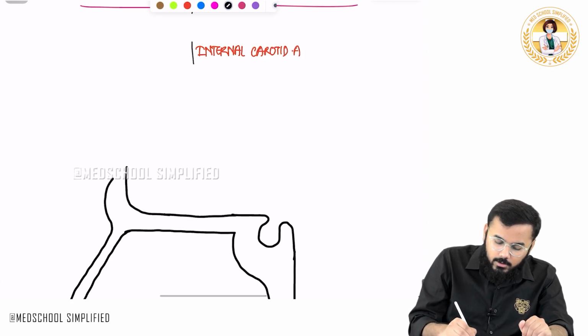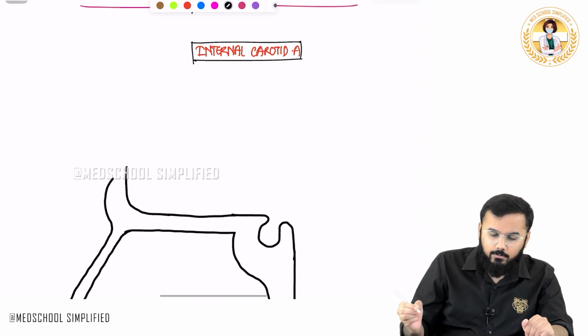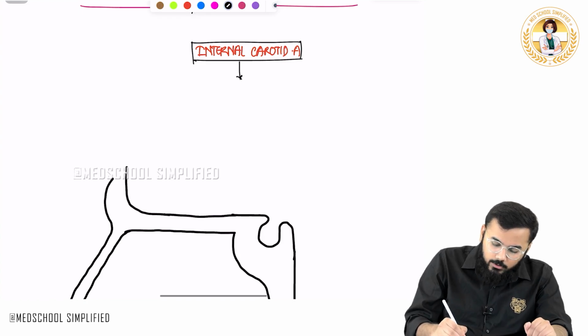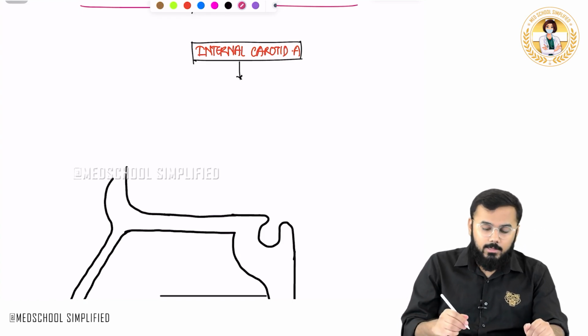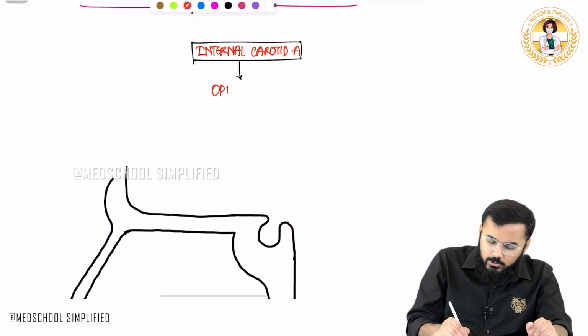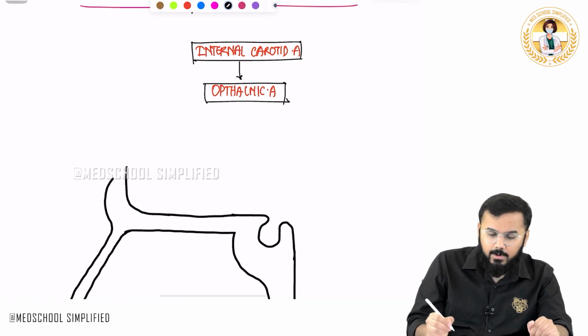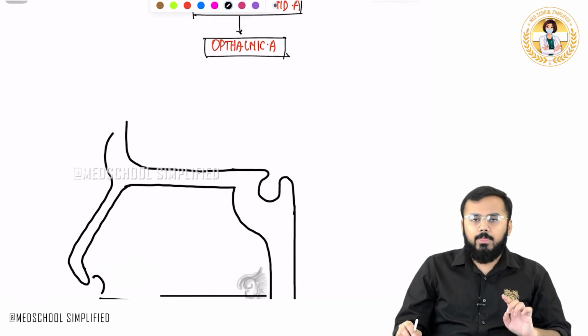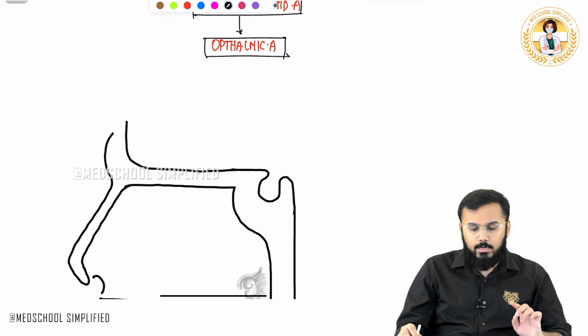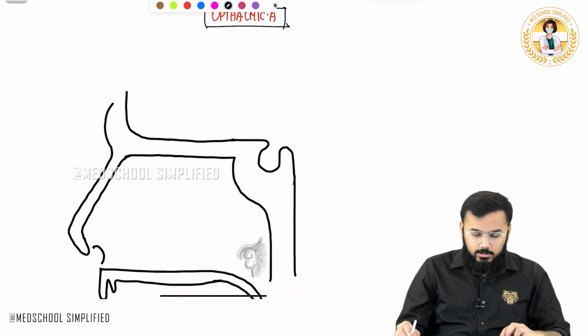Now this internal carotid artery will give you a branch. One of the branches of the internal carotid artery is the ophthalmic artery. Now this ophthalmic artery gives out two branches.